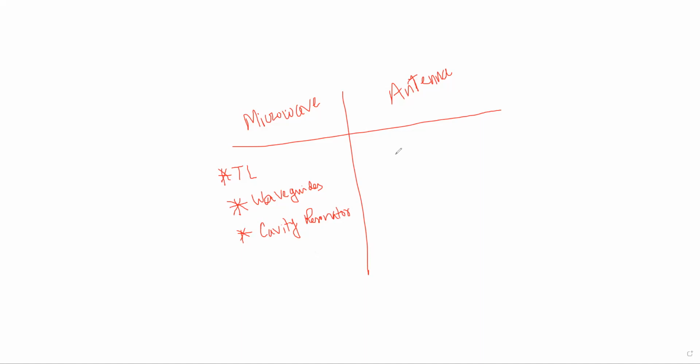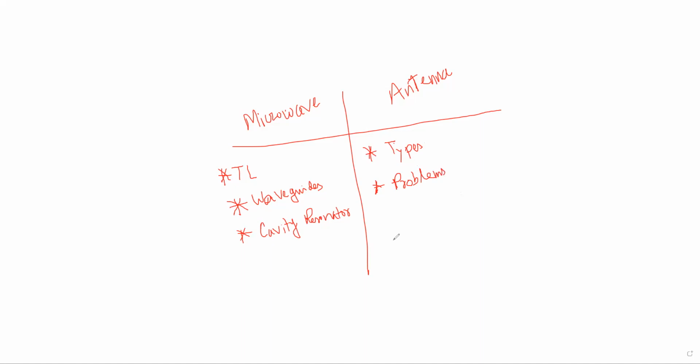The antenna part. What will we discuss in the antenna part? In the antenna part, we'll discuss antenna types and some mathematical problems, problems regarding antennas.